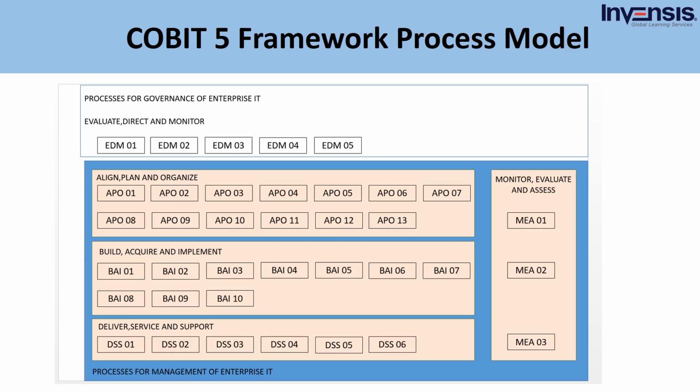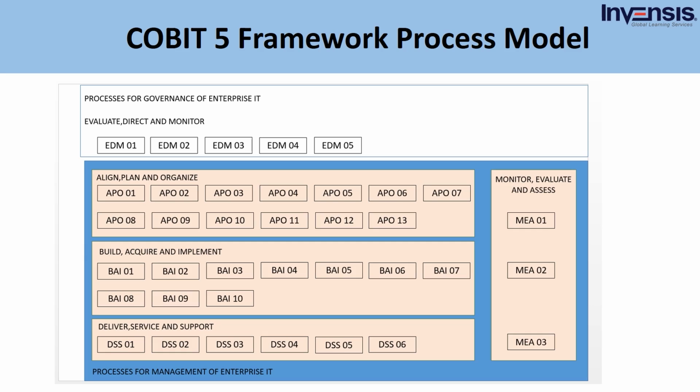Under APO, or align, plan and organize, we have 13 processes, which are APO-O1 to manage the IT management framework, APO-O2 to manage strategy, APO-O3 to manage enterprise architecture, APO-O4 to manage innovation, APO-O5 to manage the portfolio, APO-O6 to manage budget and costs, APO-O7 to manage human resources, APO-O8 to manage relationships, APO-O9 to manage service agreements, APO-10 to manage suppliers, APO-11 to manage quality, APO-12 to manage risk, APO-13 to manage security.